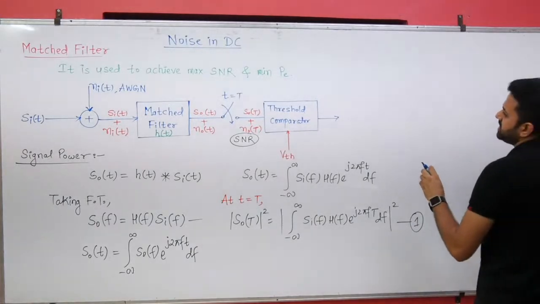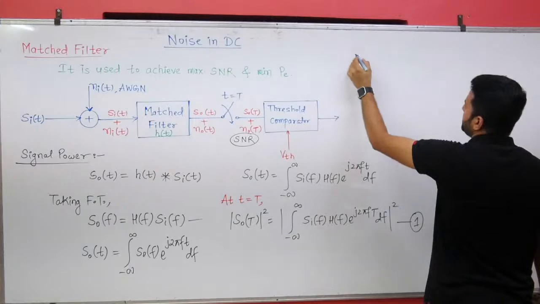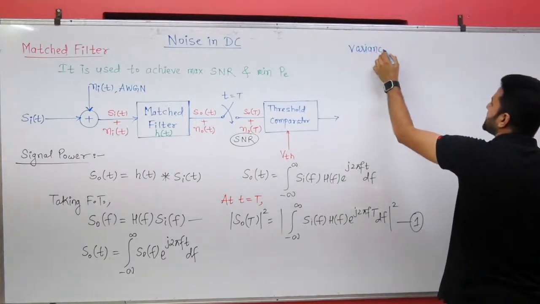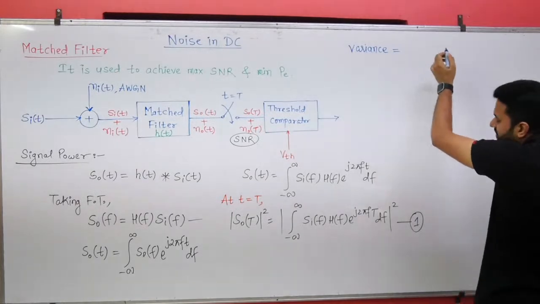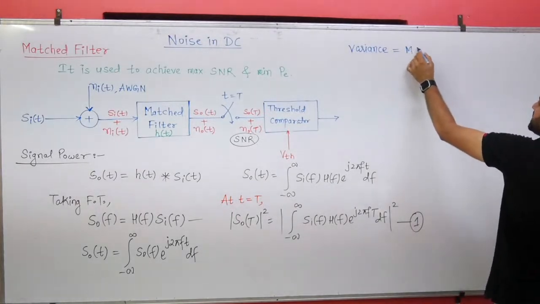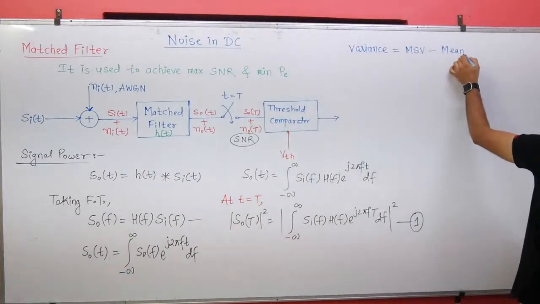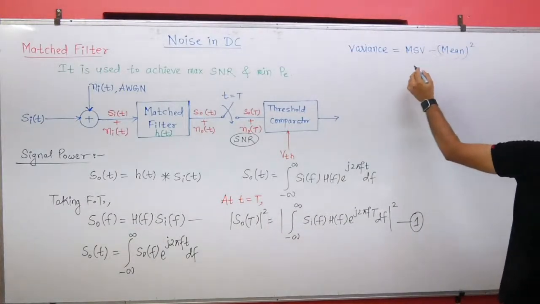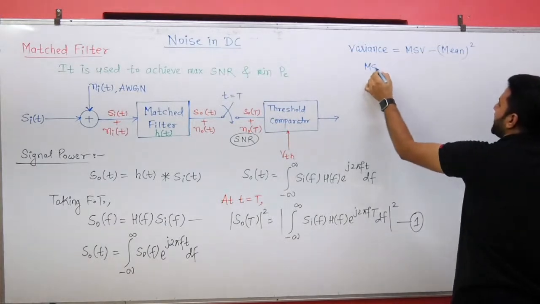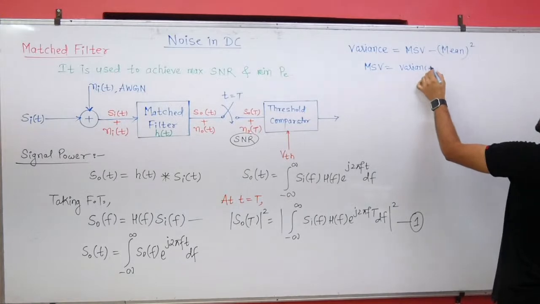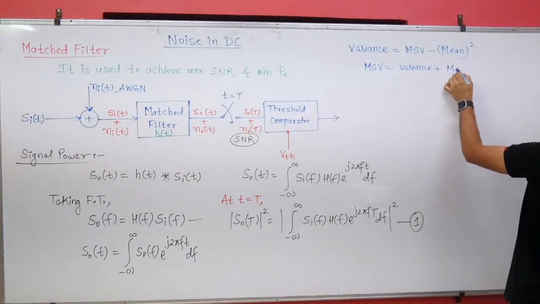power, the power is given by the mean square value, because noise is random in nature. So that is why we will calculate the power by random variable concept, and according to this we will calculate the power by adding the variance and mean whole square.